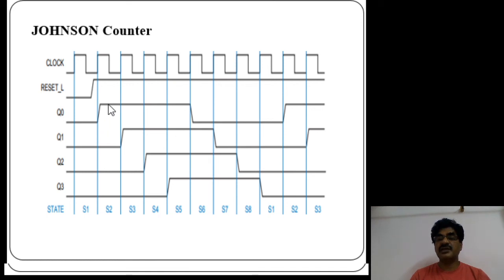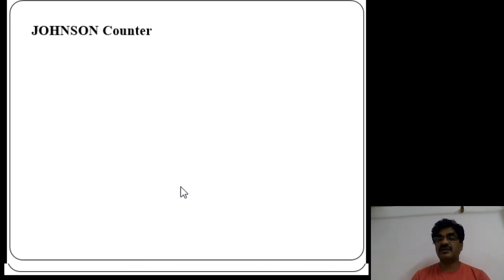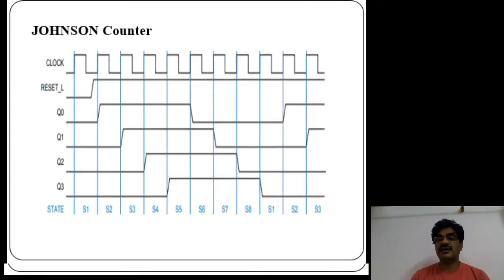After that, Q0 is moved to Q1, and then in the next clock pulse these bits are moved to Q2, and Q2 value is moved to Q3, like that. Whatever truth table we maintained in the previous case, the same is represented in the timing diagram.